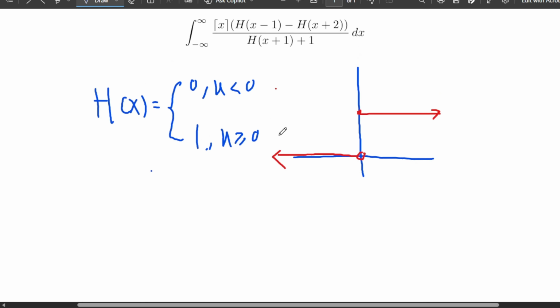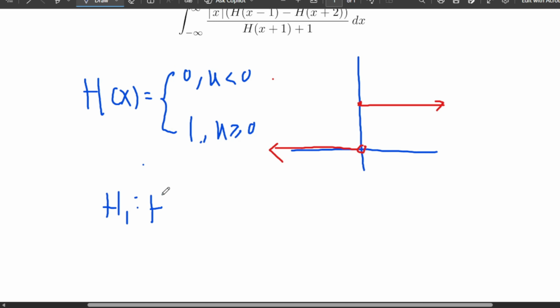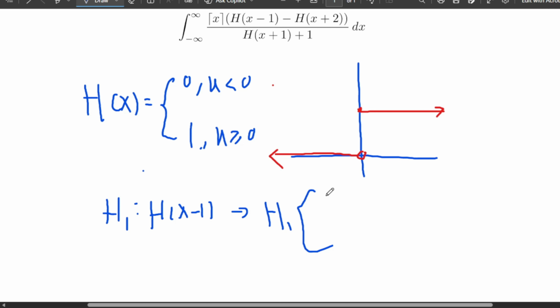For this integral, let's call h1 as h of x minus 1. That implies h1 is 0 when x is less than 1, and it's 1 when x is greater than or equal to 1.